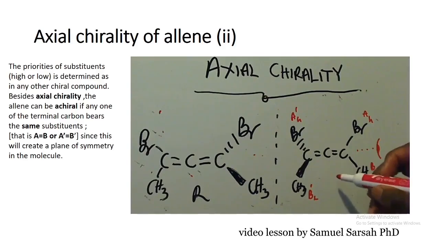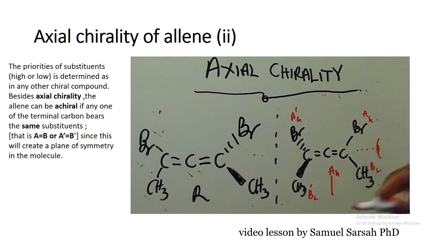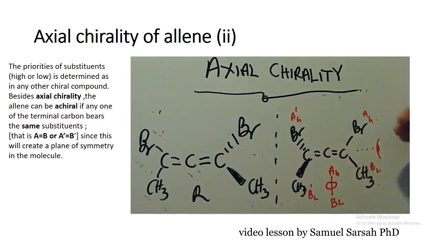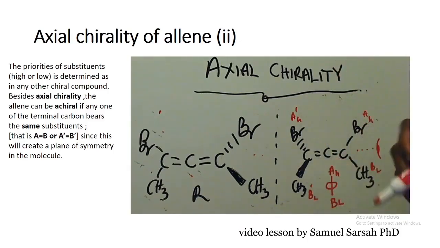Now I draw something like this and put this edge, because they are in the vertical plane. And then this group pointing in and out will come behind it. So looking at this, this will be on my right and this will be on my left.